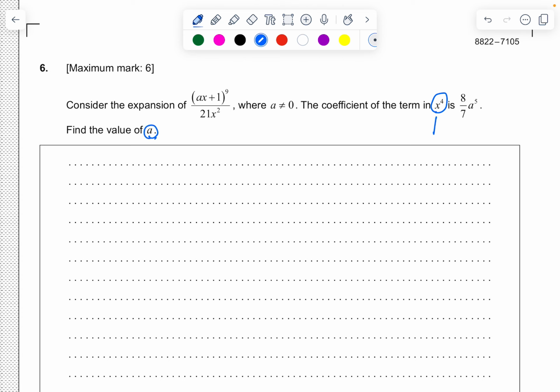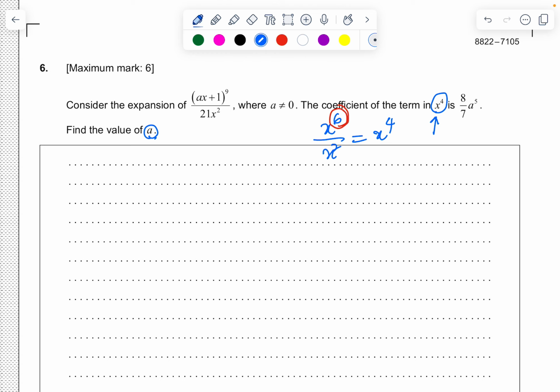You have to see that for the coefficient of x power 4, the numerator must be x power 6 because we already have a denominator as x power 2. Then only we can get x power 4, right? So we need to work for the x power 6 term in the numerator.